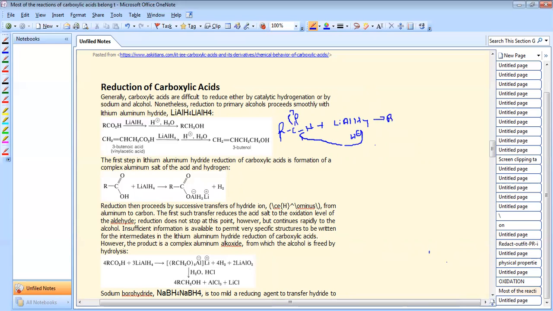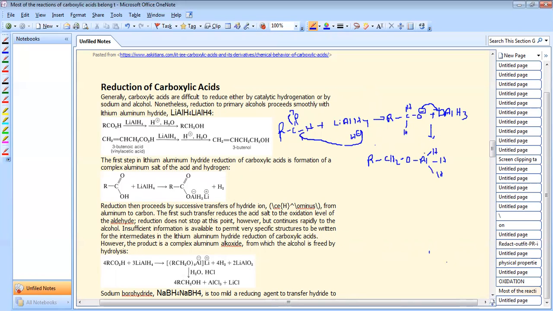So thereby we get RCH, and this is H. Now this oxygen will get the negative charge. At the same time, lithium aluminum hydride may be converted to AlH3. So this negative charge attacks here. Again, this is CH2 and O minus, so oxygen will form a bond with this.